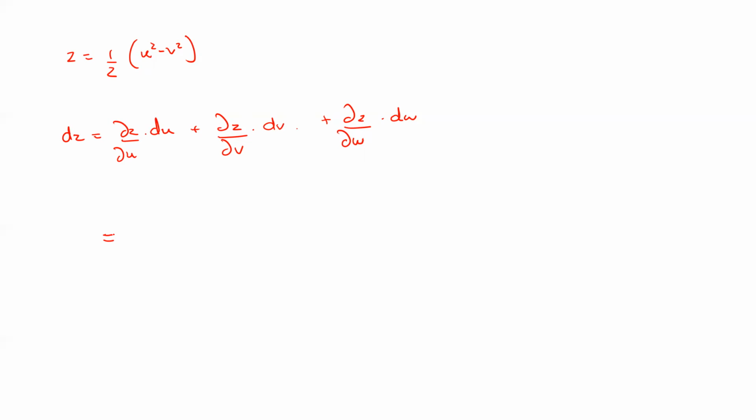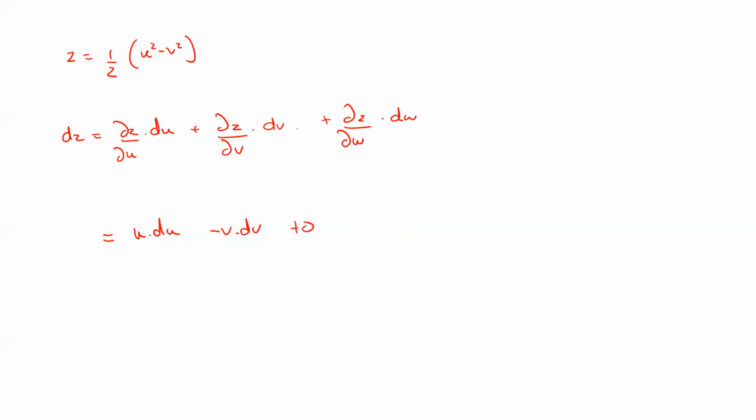So the first quantity will be u du, the second quantity will be minus v dv, same rule employed, and the third quantity doesn't have any function of w at all, so all these things are just treated as constants, and therefore the differentiation partially with respect to w will just be 0. So this is what we have.